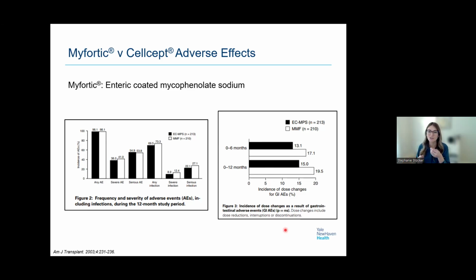So the coating is probably not going to impact it, because it really is the mechanism of action that's causing these side effects. So it certainly is an option that's available, but it's not well supported by literature to have lower GI side effects.